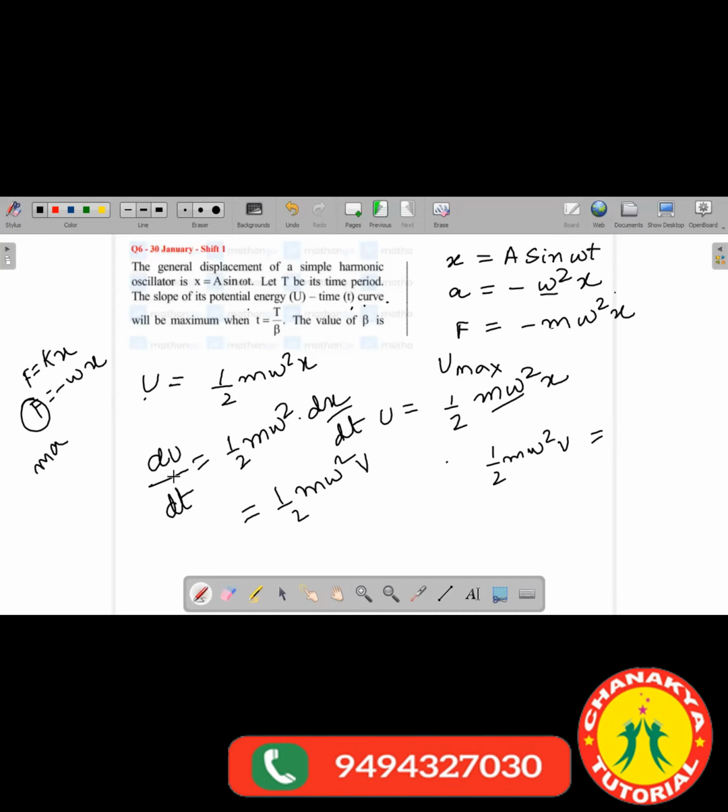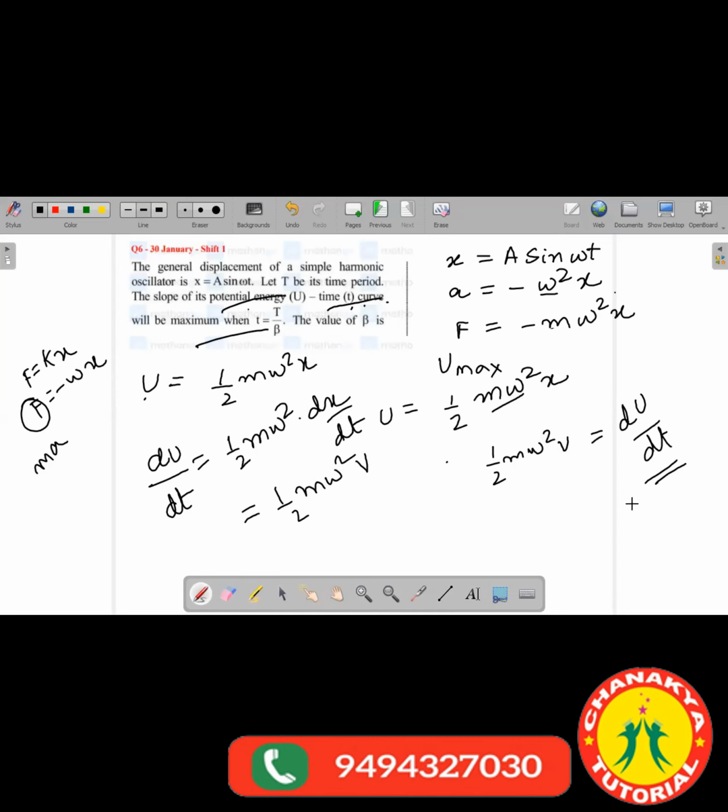So what if I differentiate it again? If I redifferentiate this, I have this du by dt I obtained. So this gives me the slope of this. Okay. I want this slope to be the maximum. The slope of its potential energy and time curve will be maximum.